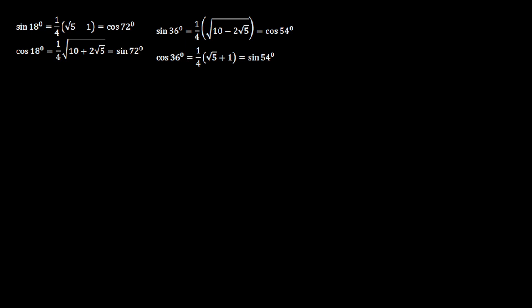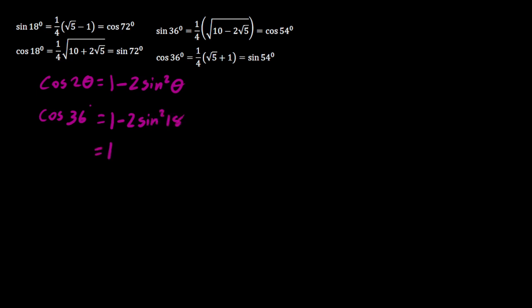So finally, let's move on to this. Okay. So let me find a pen. Okay. So we know that cos 2 theta is equal to 1 minus 2 sine squared theta, right? So if you consider theta as 18, then cos 36 is equal to 1 minus 2 sine squared 18.